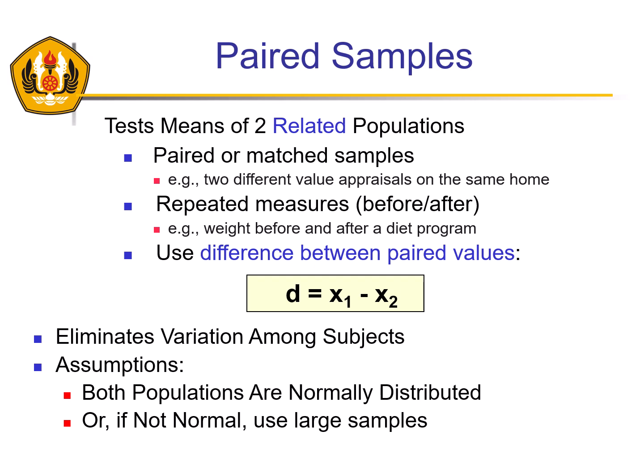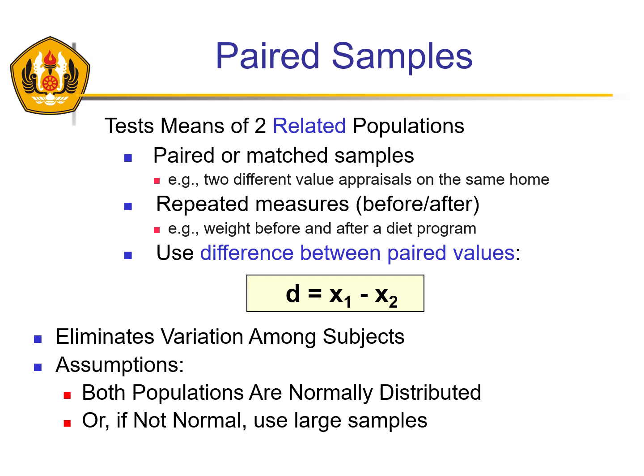So, for example, if we want to check whether a diet program works or not, then before the diet we will measure, for example, the weight of someone, and then after the diet program the weight will be measured again, and the difference will be measured between the first measurement and the second measurement.